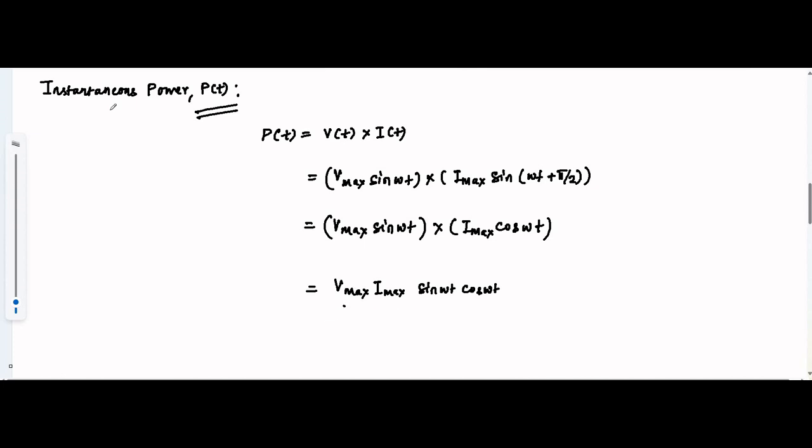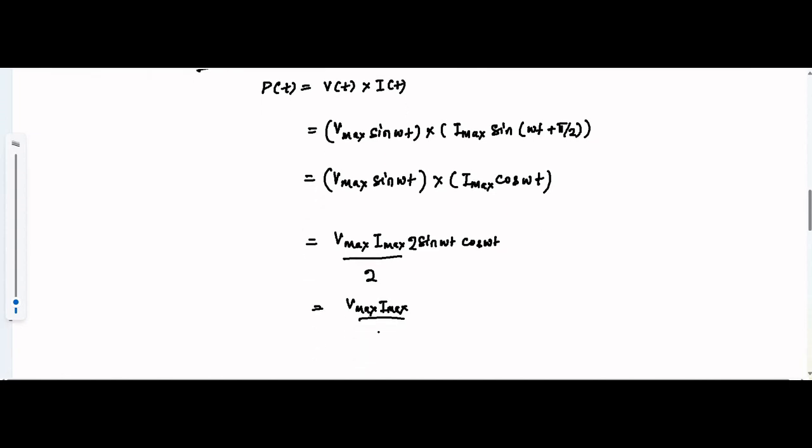Multiplying and dividing by 2, we get Vmax Imax by 2 sine 2 omega t. Similar thing we did in the inductance case also.